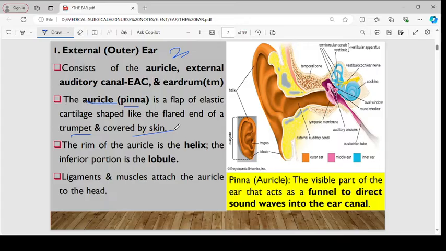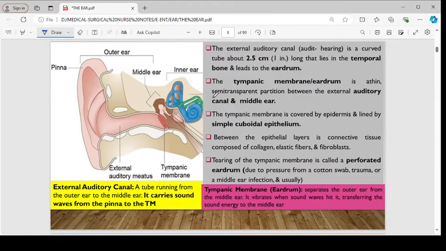We have the rim of the auricle, which is the helix, and the inferior portion, which is the lobule. We have ligaments and muscles that normally attach the auricle, or the pinna, to the head. And the major role of the auricle is to act as a funnel to direct the sound waves into the ear canal.